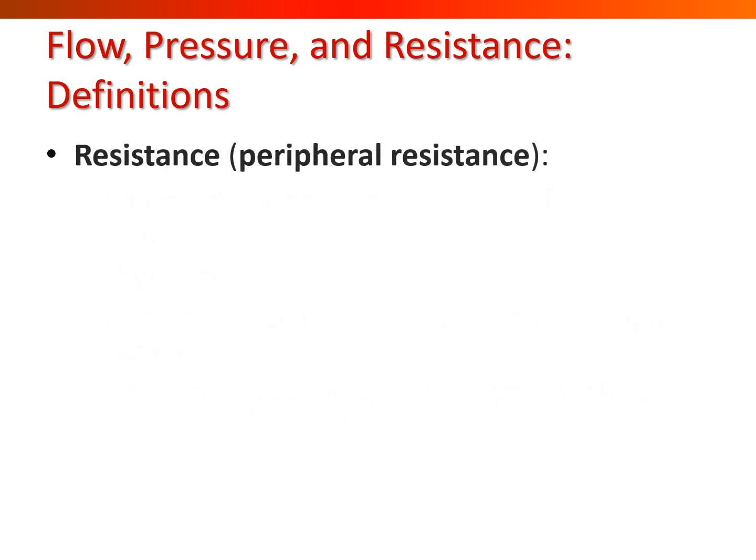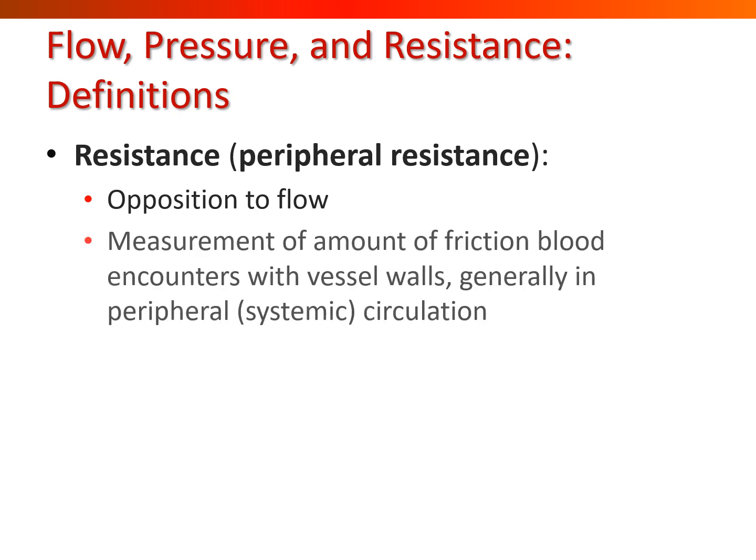When we talk about flow, an important consideration is something known as resistance. And resistance is going to be something that opposes the flow of blood. Now, this is going to be basically a measurement of something that's creating friction within a blood vessel, and it's going to be things like the vessel walls, and that's probably our greatest one.